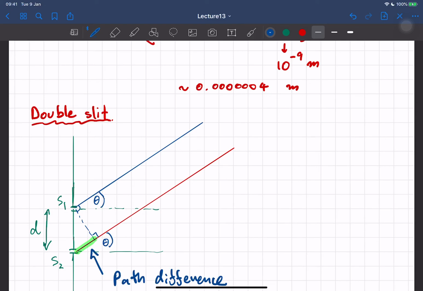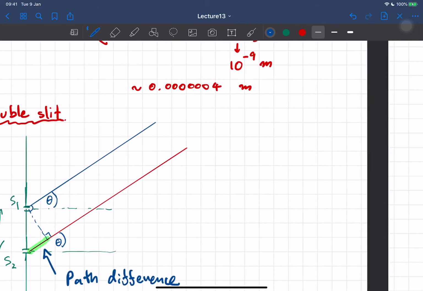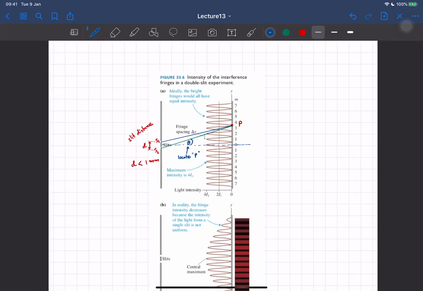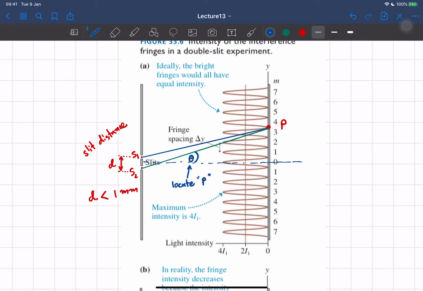I'm wrong by saying that these angles are the same, but I'm not wrong by much. So this is the approximation that we are okay with. These two angles are the same as the angle that we have in this picture, written down to locate where P is. So a different location for P means a different value for the angle theta.